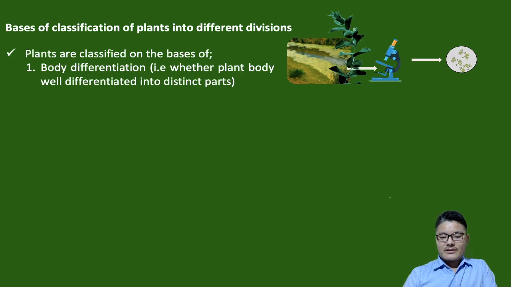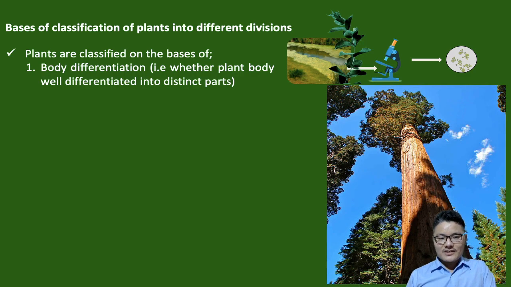They are very distinct, right? And we do have large plants. So plants can be microscopic and having simple body organization, or on the other hand, we have complex plants having a huge body made up of many cells. Trillions of cells are making up large plants.